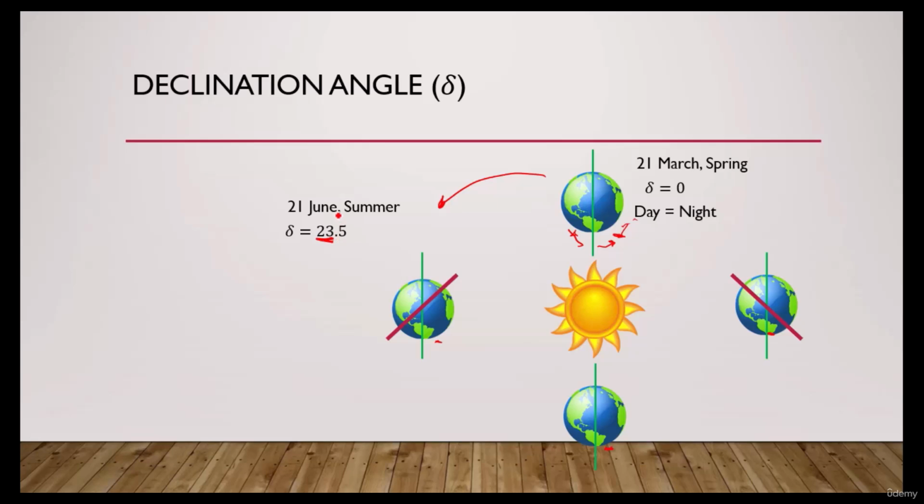At this time, the daytime is going to be longer than the night time. That's because the angle is increasing, allowing more of the Earth to face the Sun.